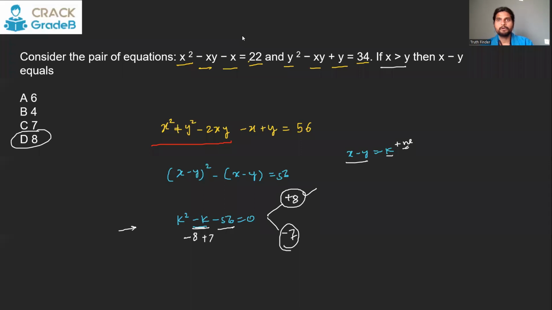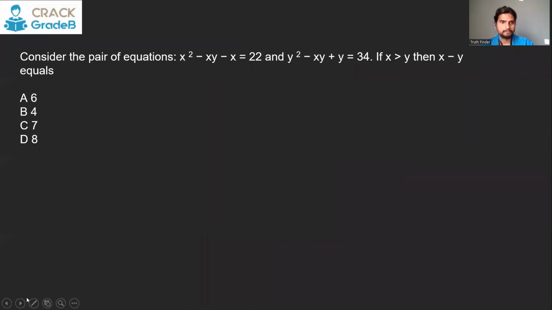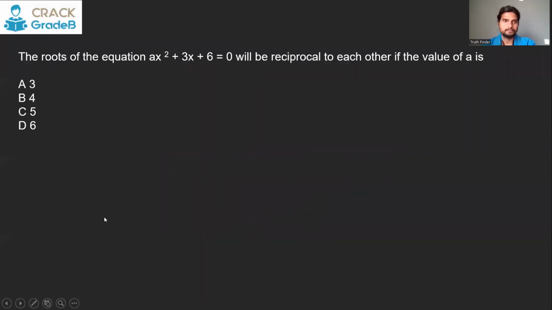Let's see one more question. Last question. The roots of the equation will be reciprocal to each other. What is the value of a? So if roots are reciprocal, that means if one of the roots is alpha, the other root is going to be 1 by alpha.